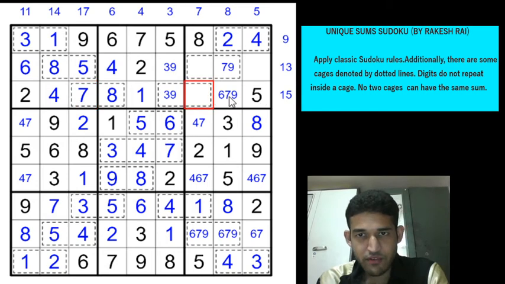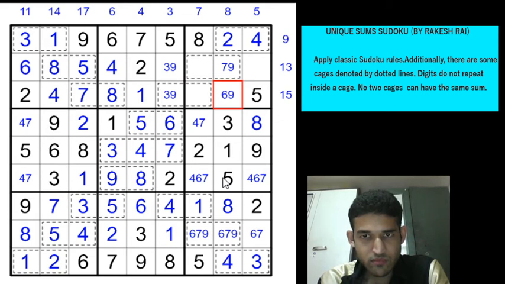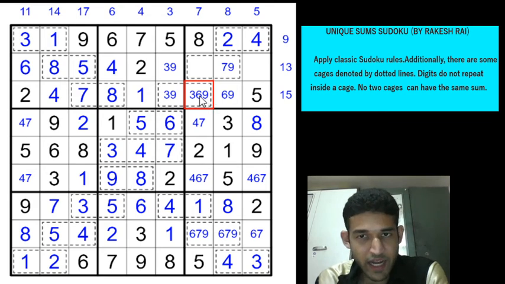Because of the 7 here, we can remove the 7 from this cell. So this is going to be a 3, 6 or a 9. Now if you have a 3 or a 9 here, you get a 12 total, which is possible. But you can't have a 6 here, right?